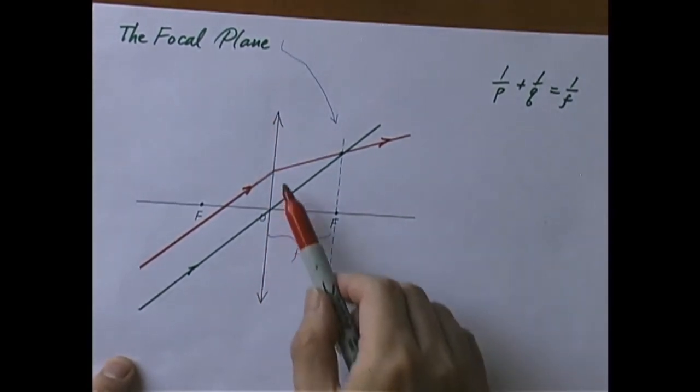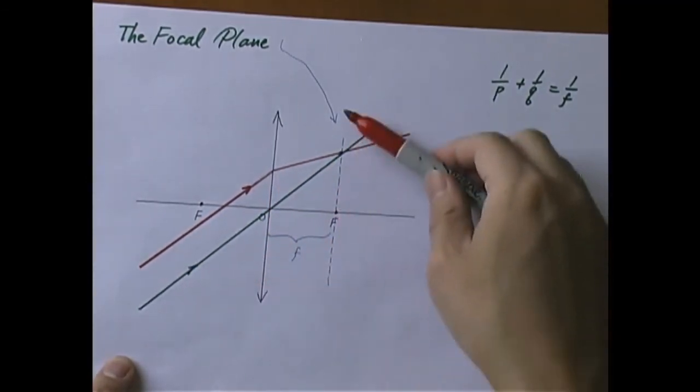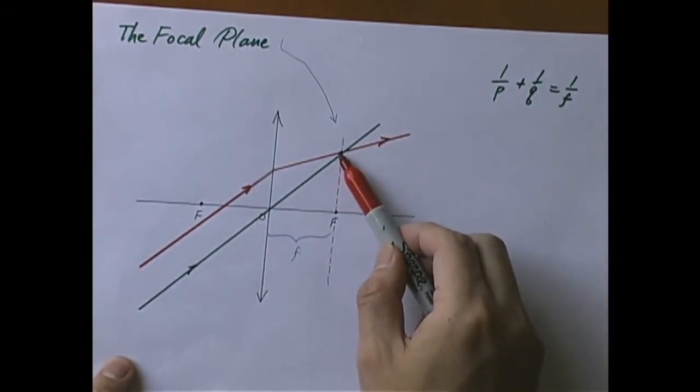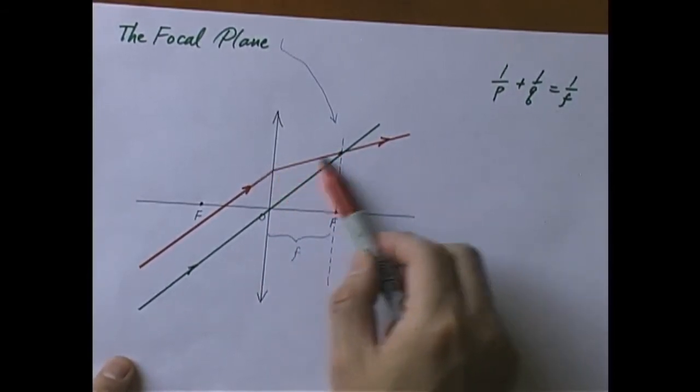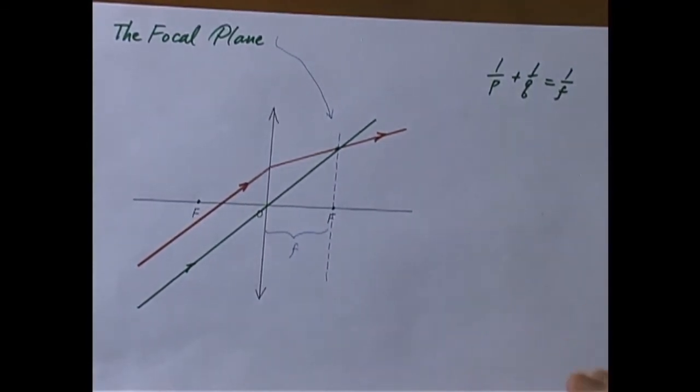This tells you how to trace this ray. After that, you just draw a focal plane and then draw another light ray passing through the optical center to find the point where they're supposed to converge, and then you connect these 2 points. There we go. That is the idea of the focal plane. So now you know how to trace an arbitrary light ray, not just special light rays.